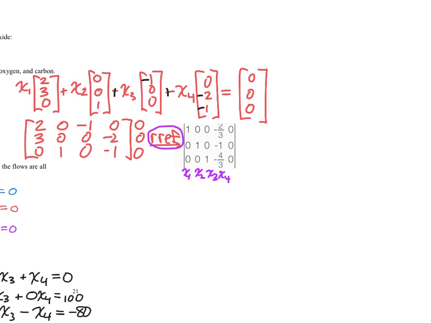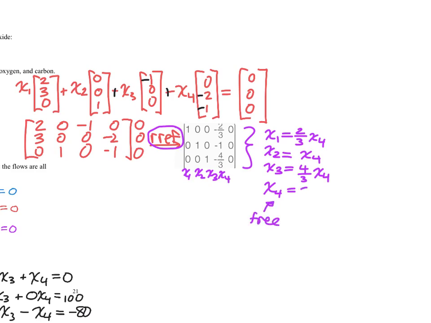Really what we're getting at is that this is the same as saying x1 is equal to 2/3 x4, x2 is equal to x4, x3 is equal to 4/3 x4, and x4 is the free variable, which is always equal to itself.